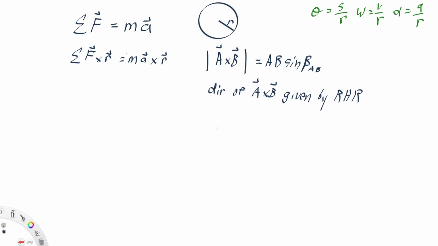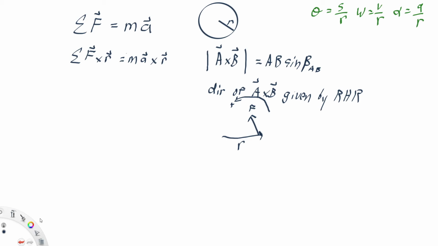For our purposes, it will suffice to simplify this. We are going to consider a radius and a force, and if this force would tend to make the radius arm rotate counterclockwise, then F cross R is in the positive direction.